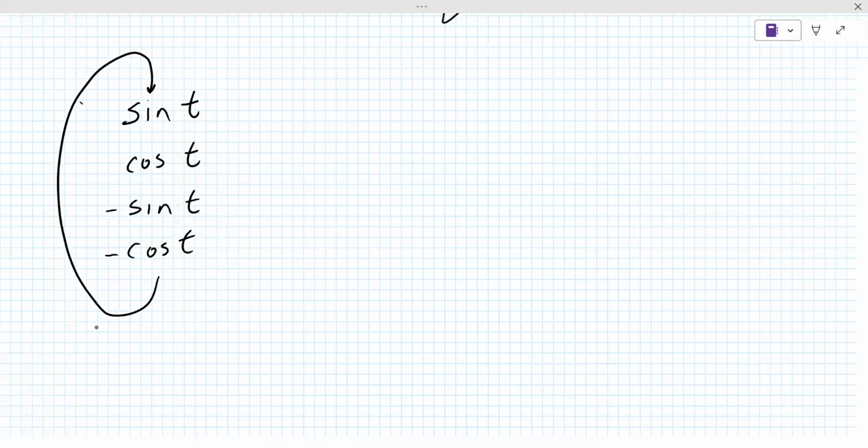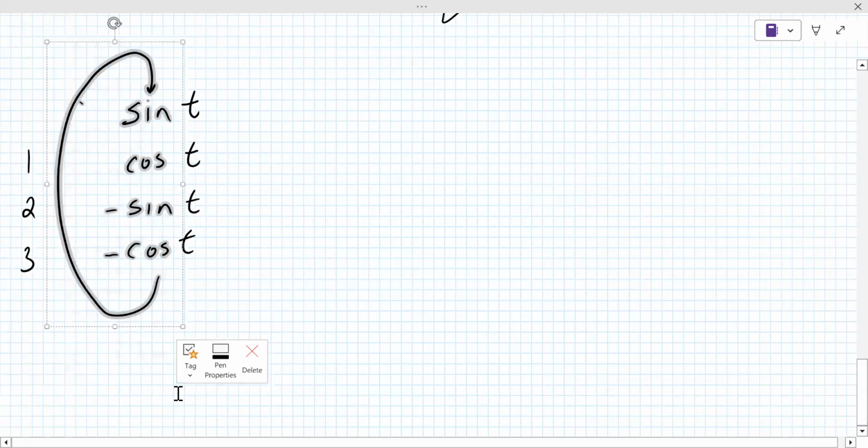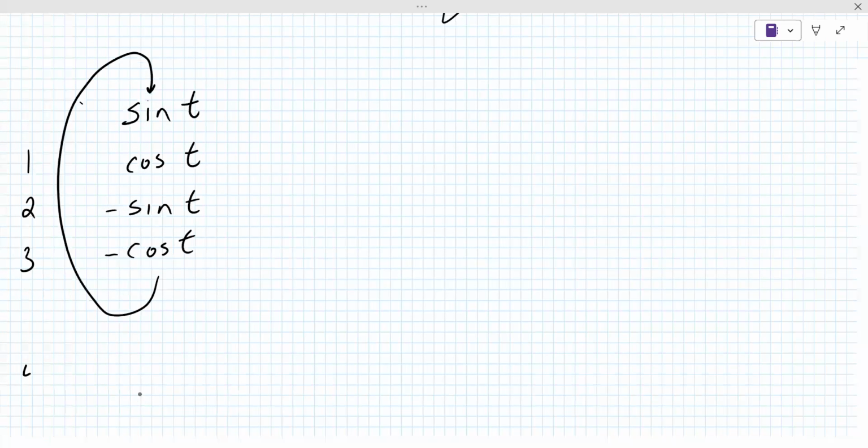The idea is that you think of the derivative as first, second, third, and so on. Some students say 4 is sine t, but then you get 5, 6, 7, and 8, and this pattern repeats.